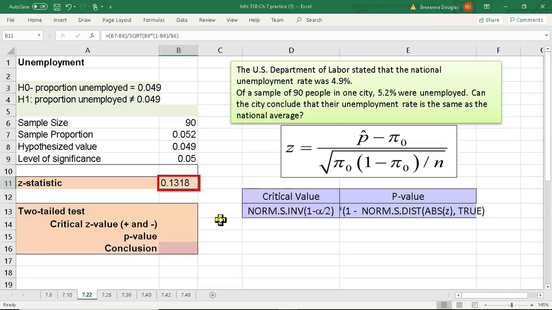As you can see, our z-statistic equals 0.1318, and we will now move on to find our critical values.